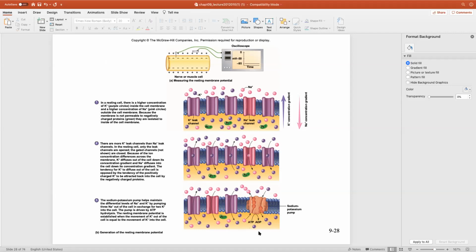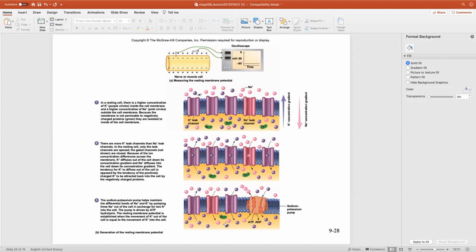If we keep pumping in potassium, I'm going to have a big concentration gradient for the potassium. In the purple, there's a lot of potassium on the inside, very little on the outside. A big concentration gradient means potassium, when it can, will prefer to leave, or efflux, from the inside out. We have leakage channels that are always open, and they allow potassium to leak out.